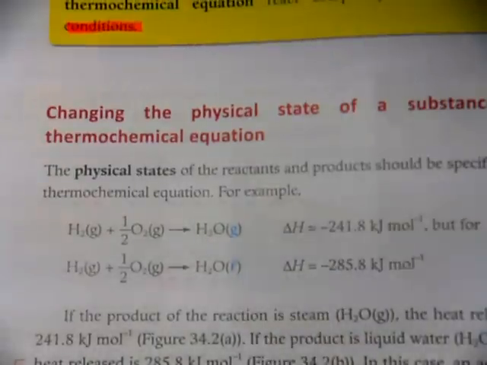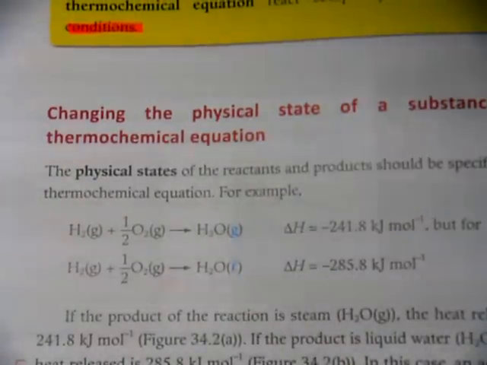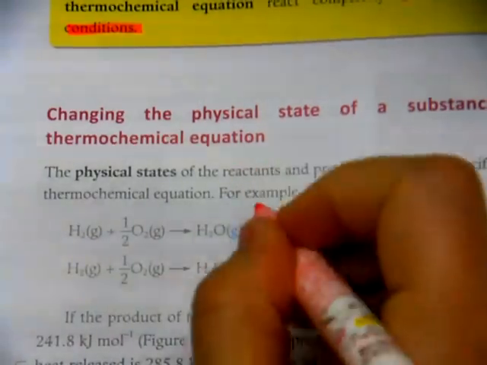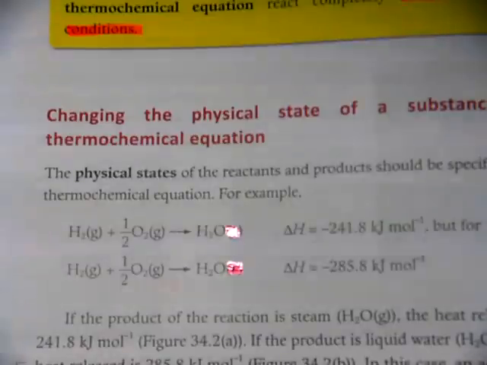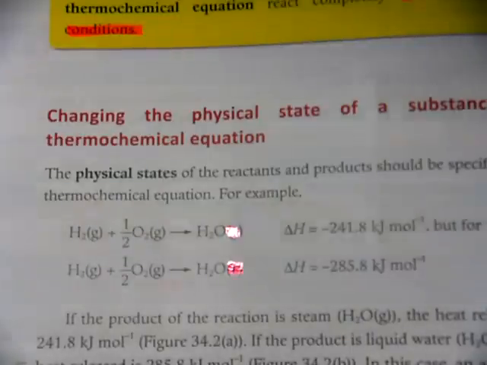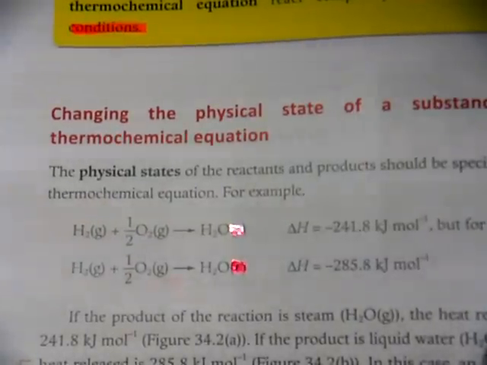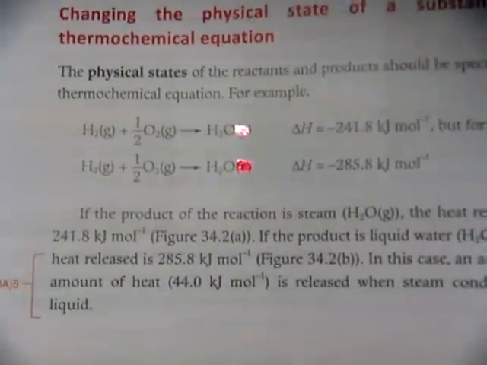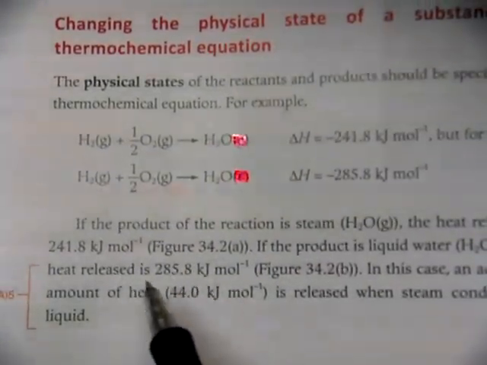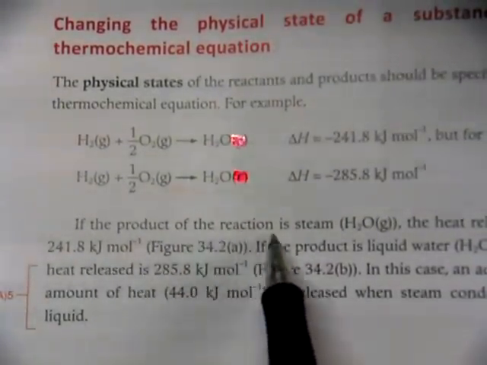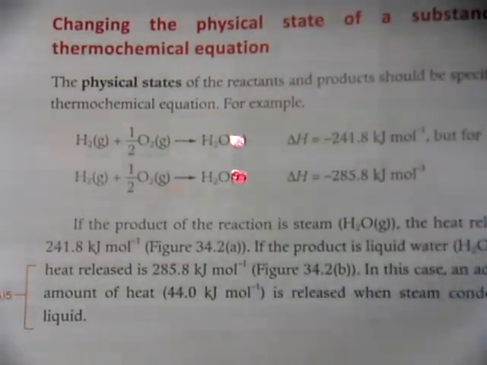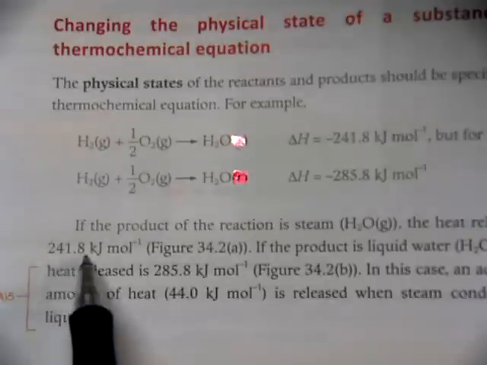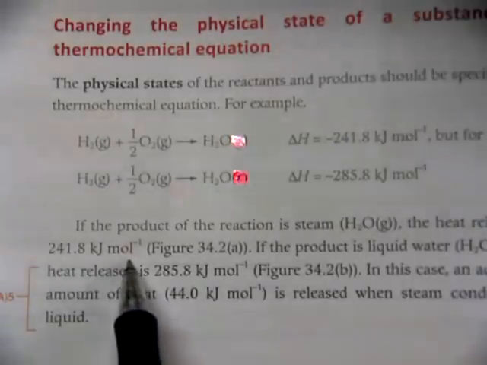They are different. Use a highlight pen again, highlight gas, liquid. They have different delta H. Of course, they are different because, look at this paragraph. If the product of the reaction is steam, H2O gas, the heat released is 241.8 kilojoule per mole.